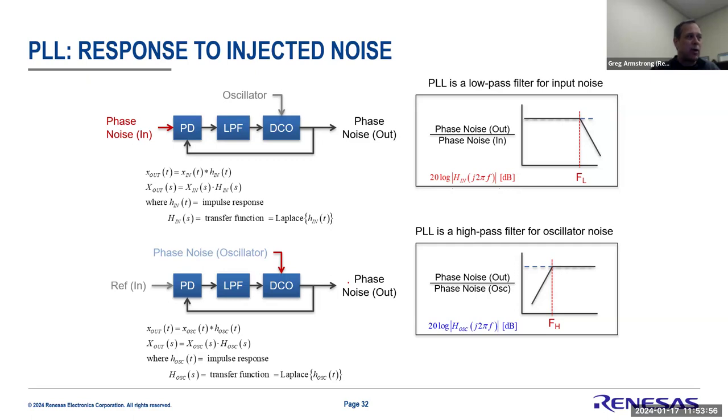It just goes right through. The phase detector will eventually detect it, and the loop filter will eventually try to steer it back to where it's supposed to be, but the initial aspect of that noise passes through very quickly.